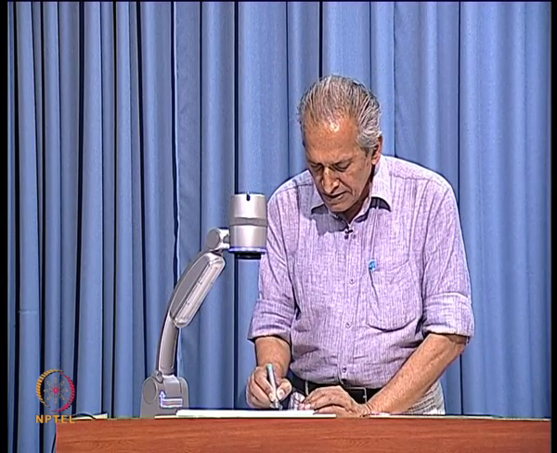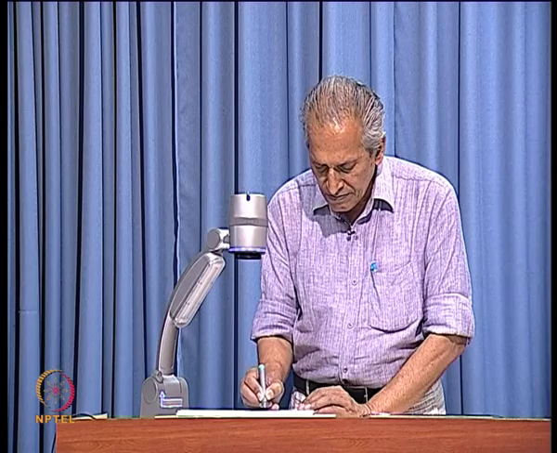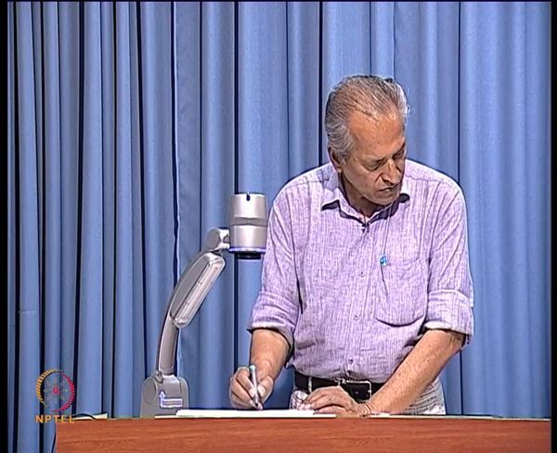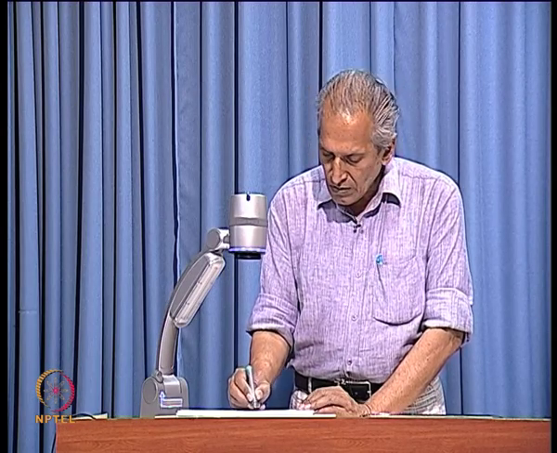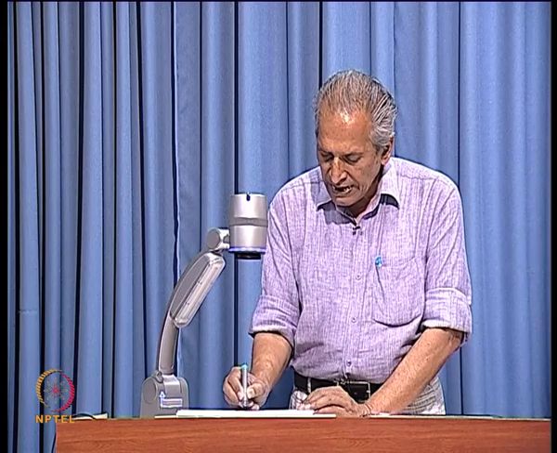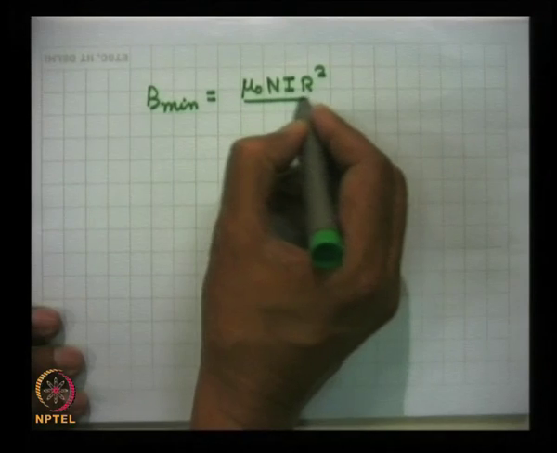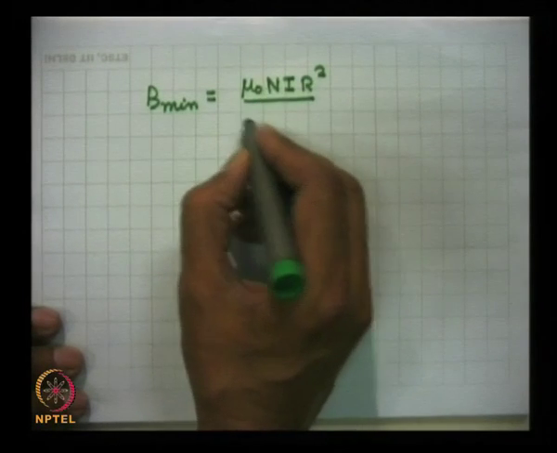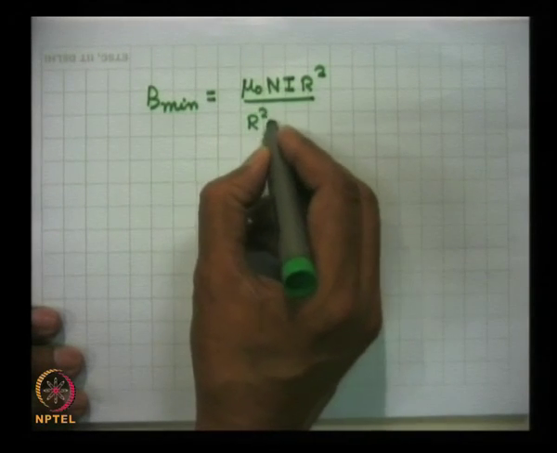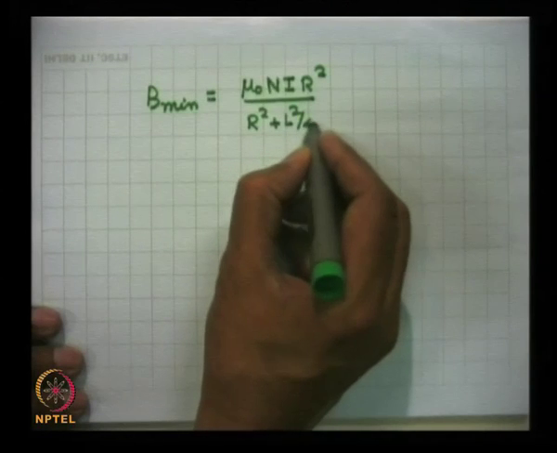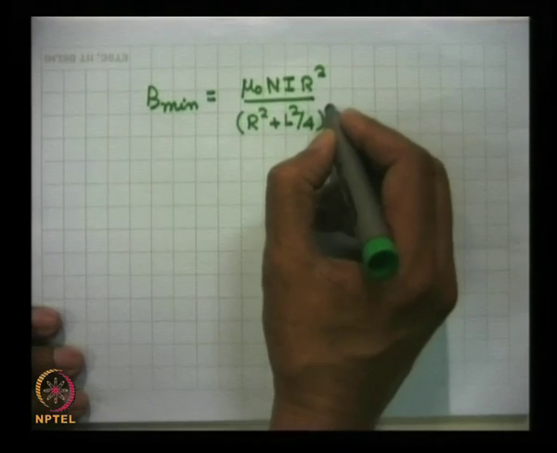B minimum turns out to be equal to mu 0 n I r square divided by (r square plus L square by 4) to the power 3 by 2.